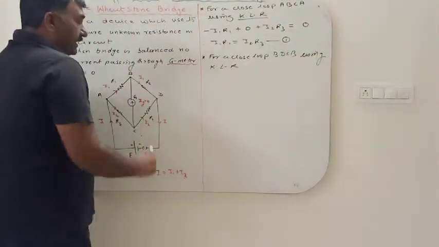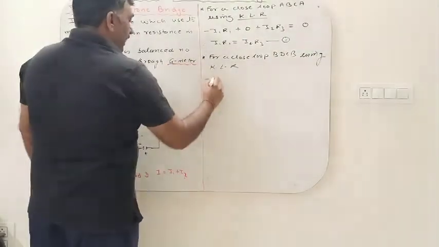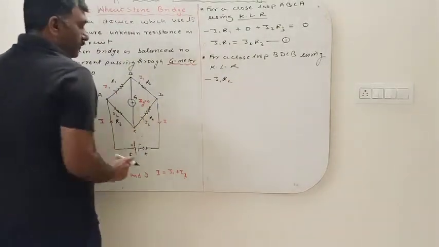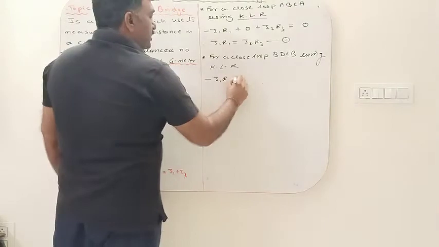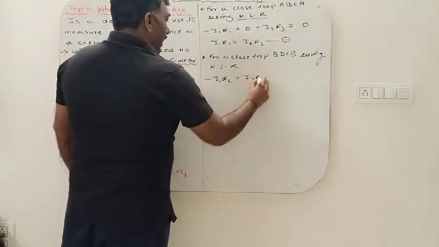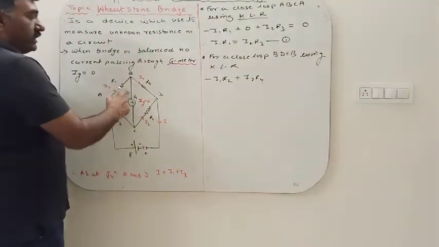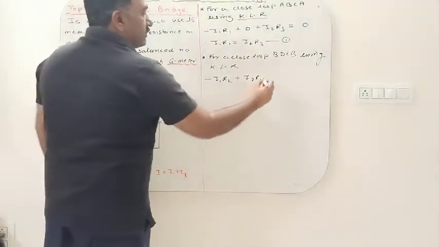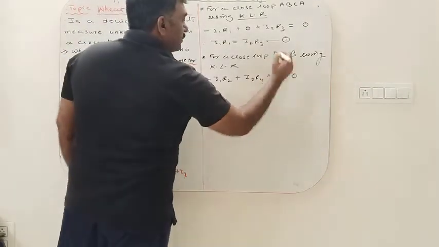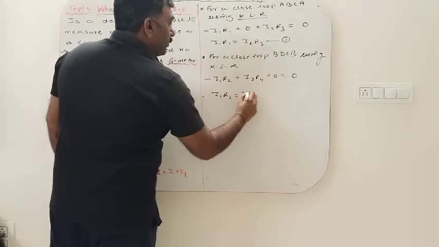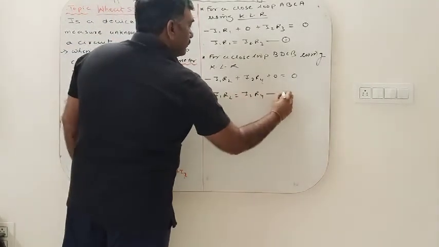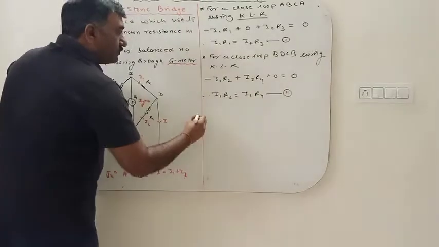So what does this rule say? In the same direction as the current I1, minus I1 R2. D to C is opposite to the direction of current I2, so the potential increases, plus I2 R4. C to B, there is no current in the galvanometer, plus 0, equal to 0. Therefore I1 R2 is equal to I2 R4. This is the second equation.